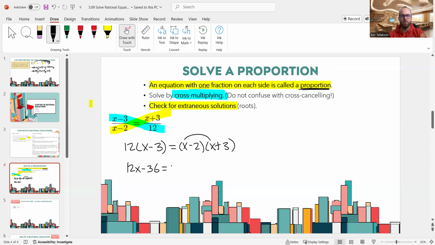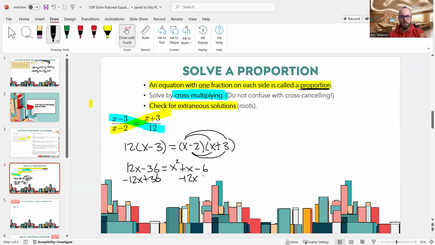I'm going to use FOIL. So first, outside is going to give us 3x. Inside is going to give us negative 2x. 3x minus 2x, well, that's just x. And then last, negative 2 times 3 is minus 6. Hopefully right now you notice that we are going to have a quadratic.